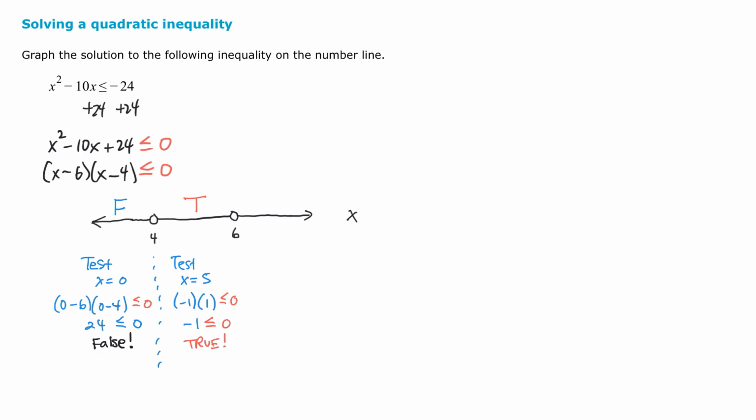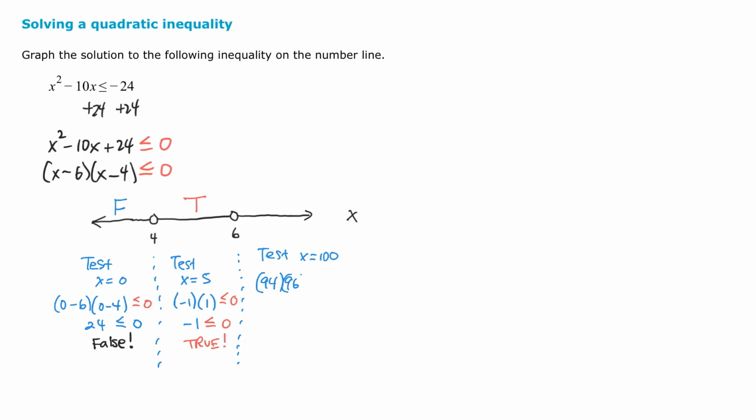and one more test. What should we test now? Something after 6. Sometimes it's easier to pick something gigantic, like test x equals 100, because that's in the domain of the quadratic function. So if x equals 100, you notice that it's what? It is 94 times 96.